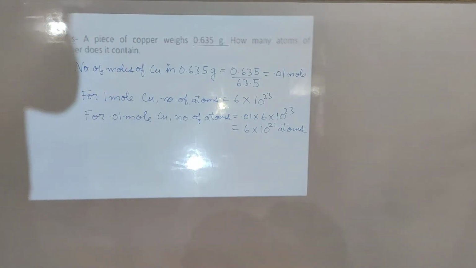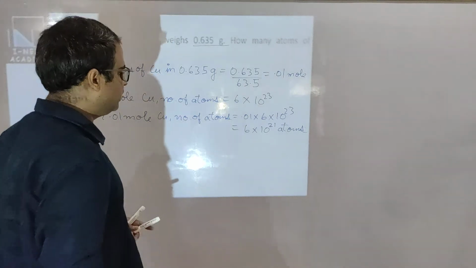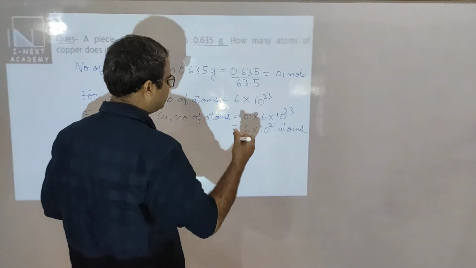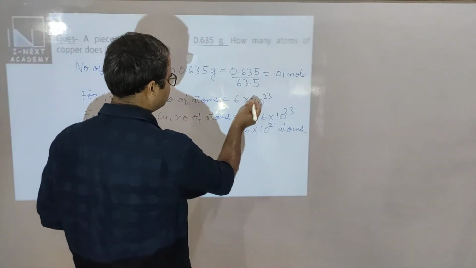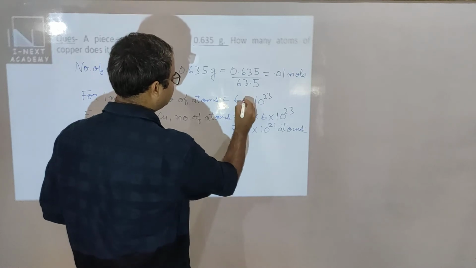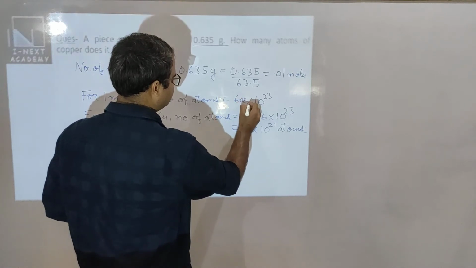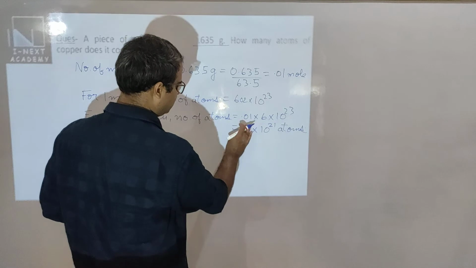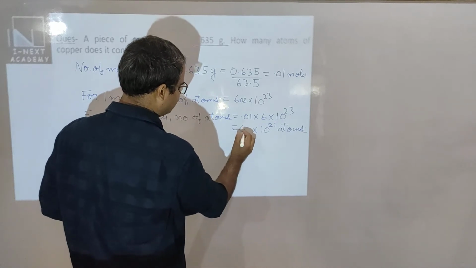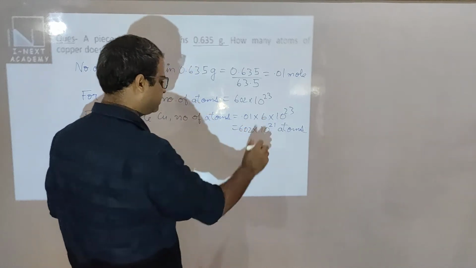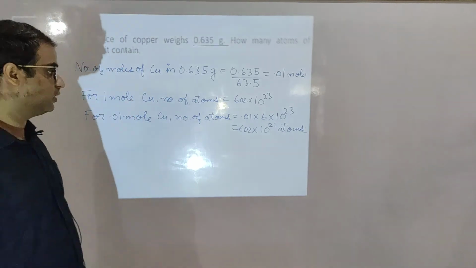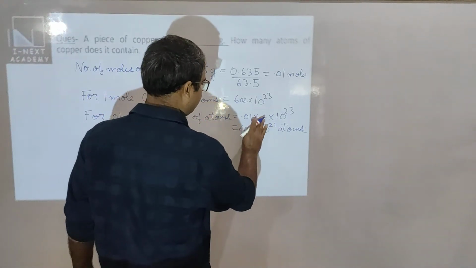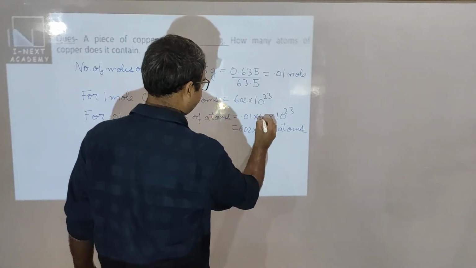The option which has 6 into 10 to the power 21, or maybe in your options it is given as 6.02 into 10 to the power 21, will be the correct option.